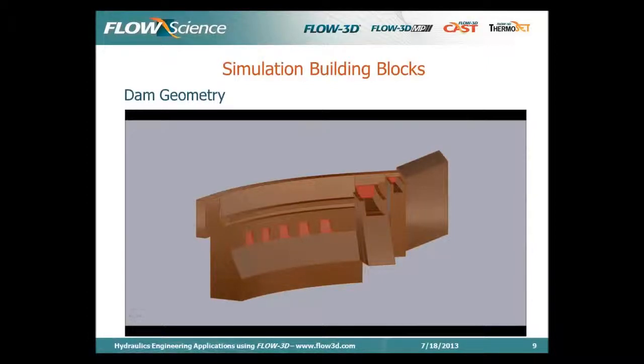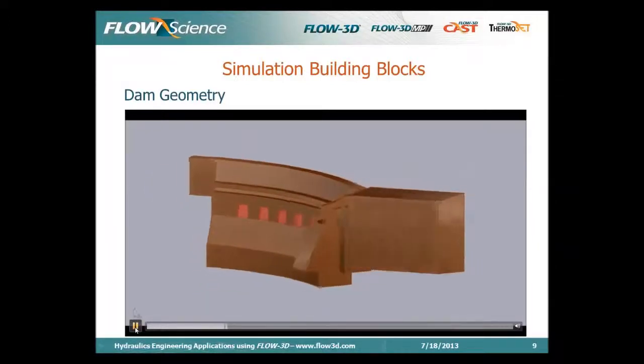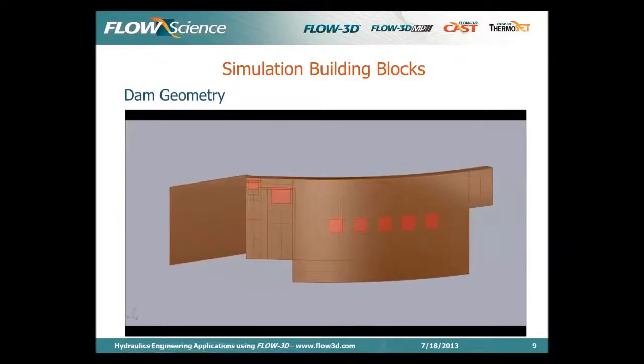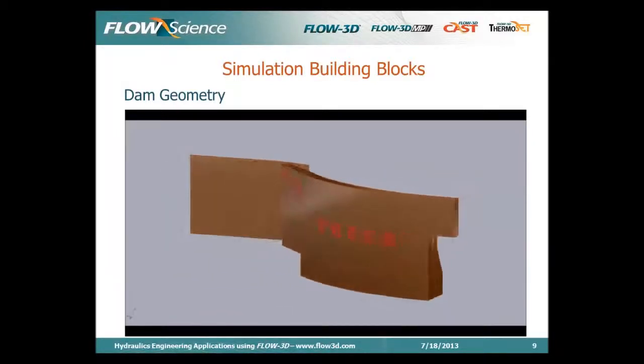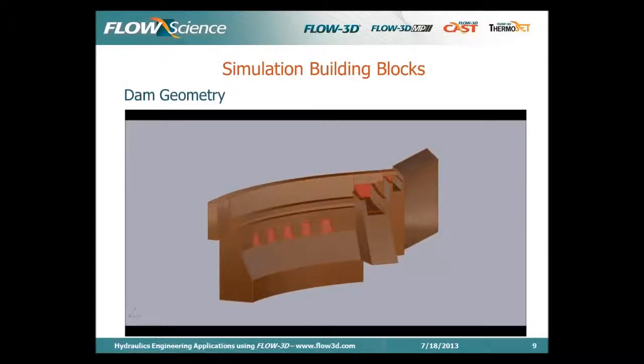Next we have the dam geometry. I'll rotate this for you. It's simply imported from your CAD package. It's very straightforward. Those sluice gates in red are imported as separate elements so that we can give them prescribed motions later if we want to do so.